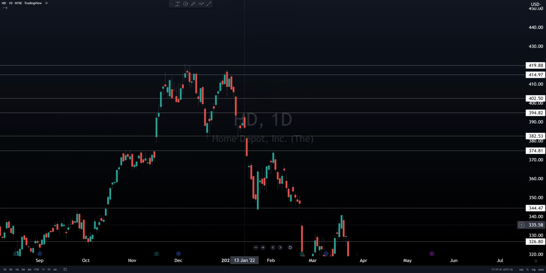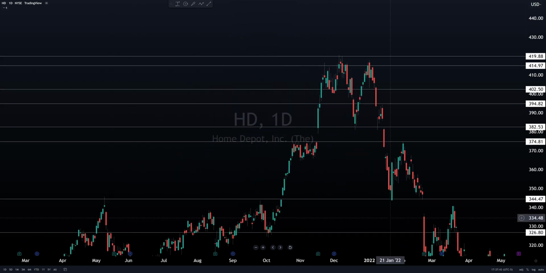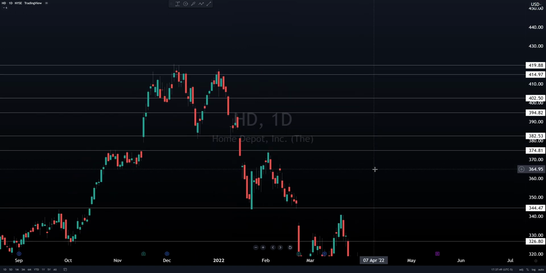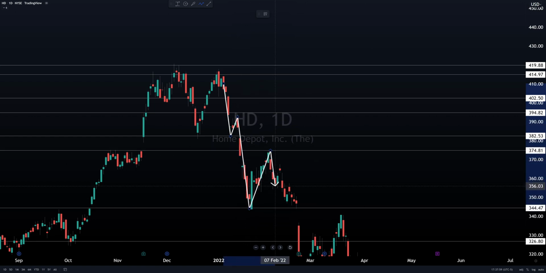We grabbed some of these levels off here, so we don't have to work too much on this end. Is there another lower high? Well, right here, right? So if you look at it, here's that one right here, okay? We already caught this guy. Here's one more.